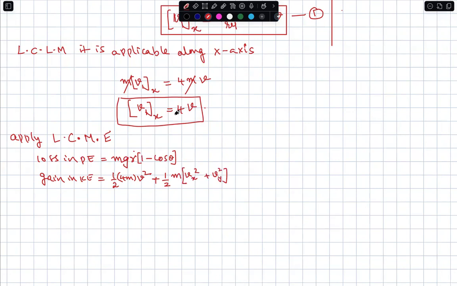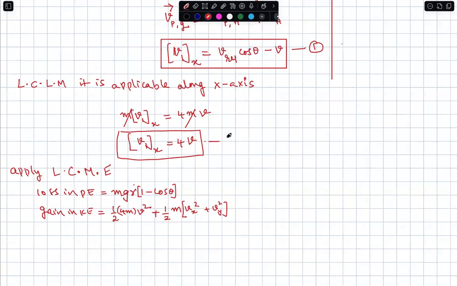Now, hold on. Already you have Vx, which is 4V. Let this be equation 2. I'll use 1 and 2 simultaneously. Wherever I have V relative cos theta minus V, I can write it as 4V. So wherever I have V relative cos theta, I can write it as 5V.